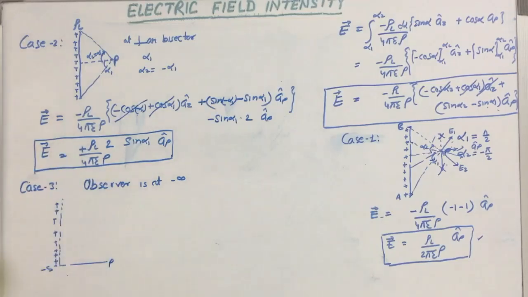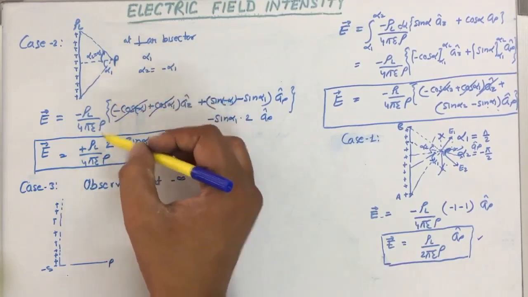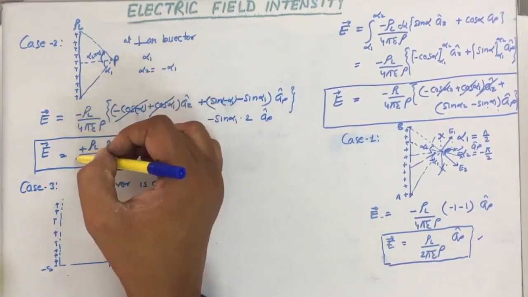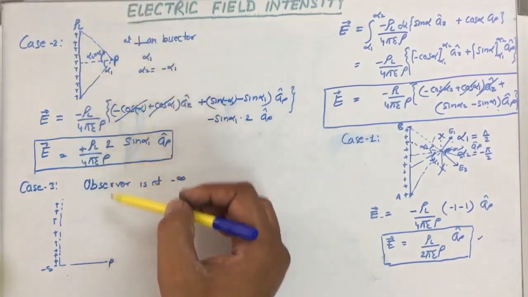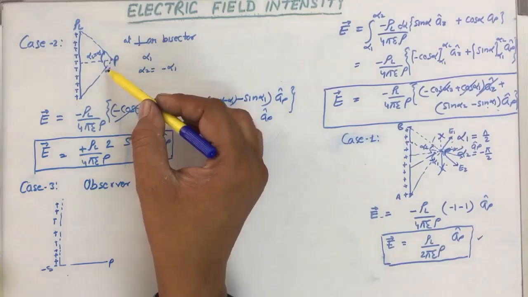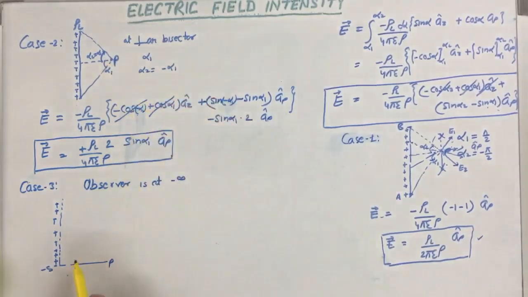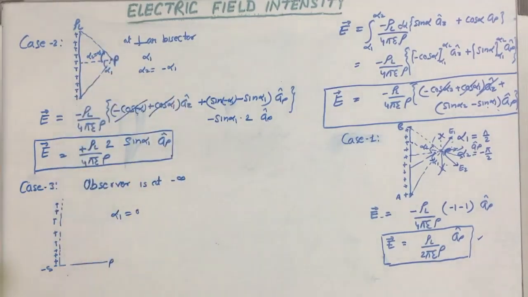So in this case, what will be alpha 1? Consider it. You are at the end of this line, because this is the negative direction of the line and this is the positive direction. So what will be alpha 1? If you assume this condition, then alpha 1 will be 0. And what about alpha 2?